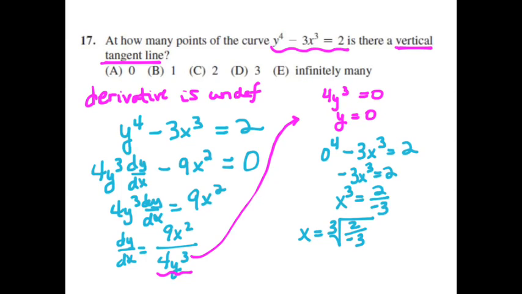And that is only one number. If it happened to be x squared, and we took the square root of both sides, then we would have to consider positive and negative. But in this case, since it's a cube root, it's not going to be positive or negative. My only answer is going to be negative. And so there is only one point where we have a vertical tangent line, and that gives us answer B.